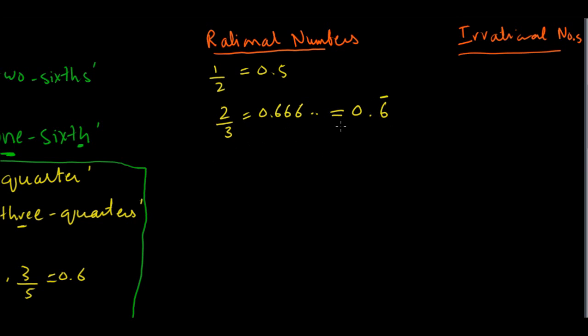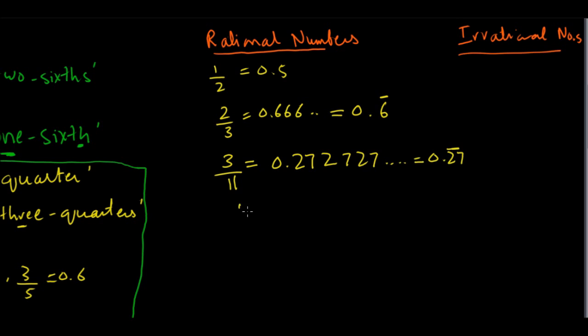Again, not that critical to know for GREs, but still. And then how about this one, 3 over 11? This in decimals would give you this repeating pattern of 2 7 2 7 2 7 and so on. So in shorthand this would be denoted by 0.27 with this bar, right? So any number that can be represented as a fraction comes under rational numbers.